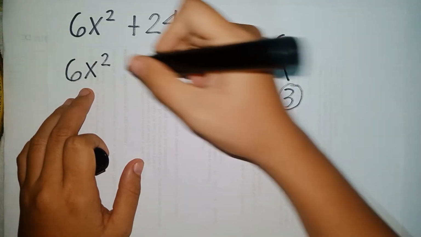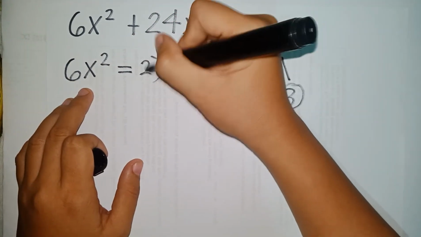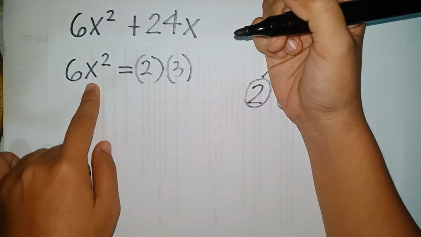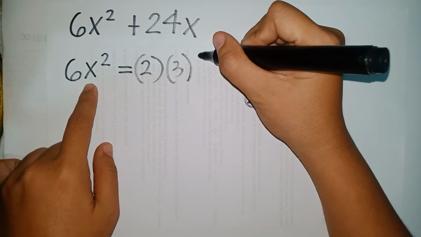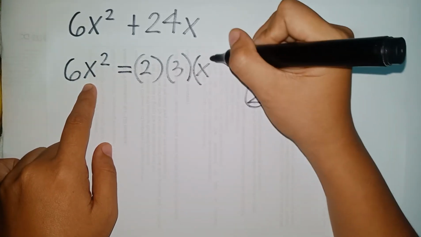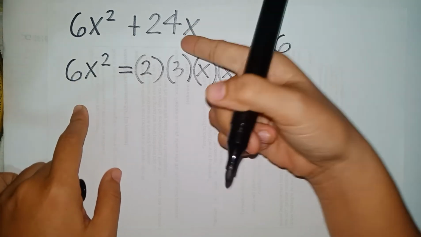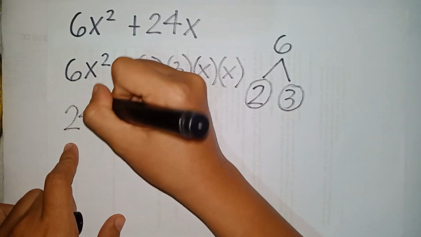So the factors of 6 are 2 and 3. And we have a variable here, x raised to 2. That means we have x times x here. Next is our second term, 24x.